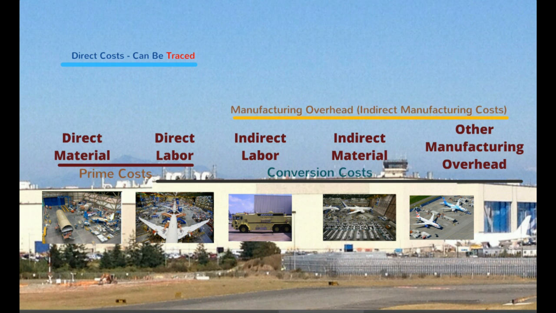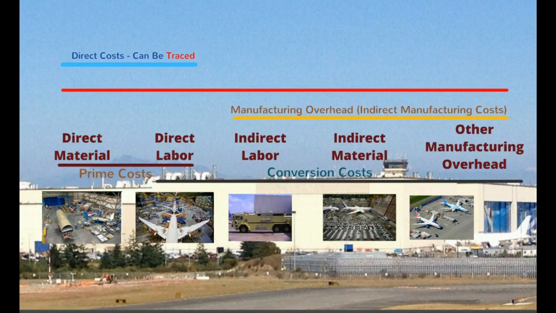Now, taken all together, these three costs, indirect labor, indirect material, and other manufacturing overhead, are called manufacturing overhead, MOH. Manufacturing overhead or indirect manufacturing costs. Indirect manufacturing costs cannot be traced to individual products.